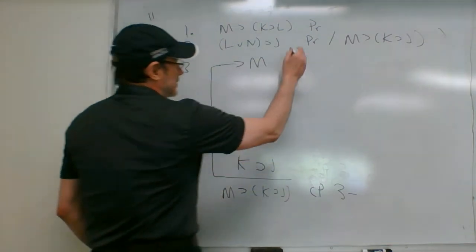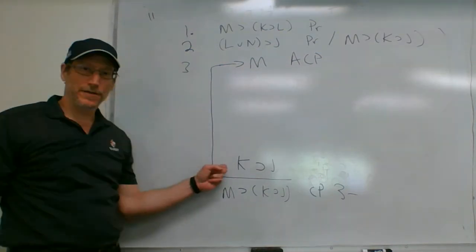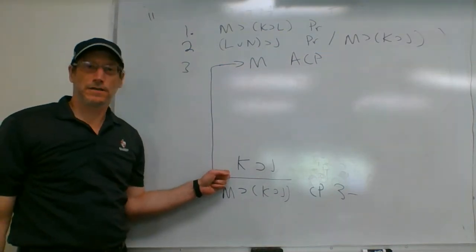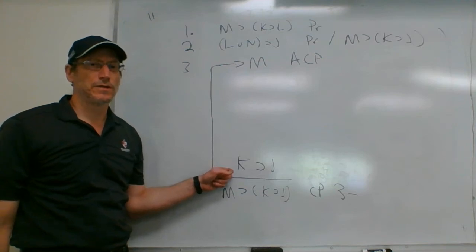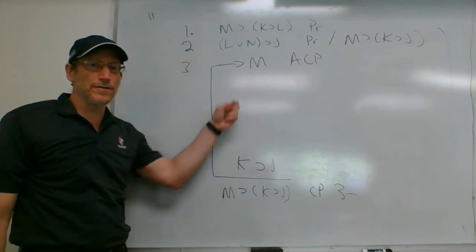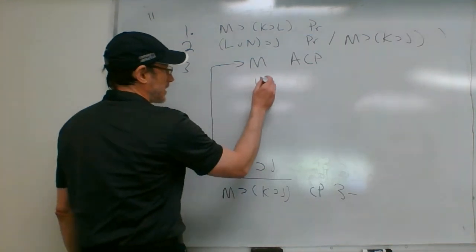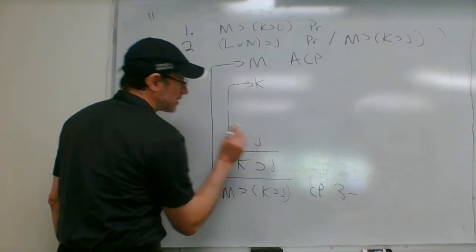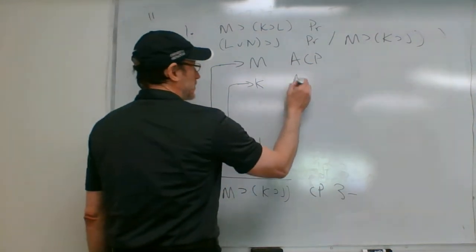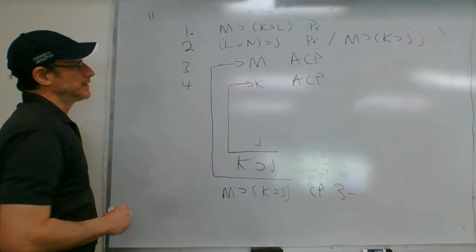Now, this is going to be assumption for conditional proof, ACP. Now, I look at this, I see, hey, look, this is a conditional also, K horseshoe J. So I could do another conditional proof inside here. I'm going to assume K and try to get to J. Okay, so this would be another assumption for conditional proof. This would be step 4.